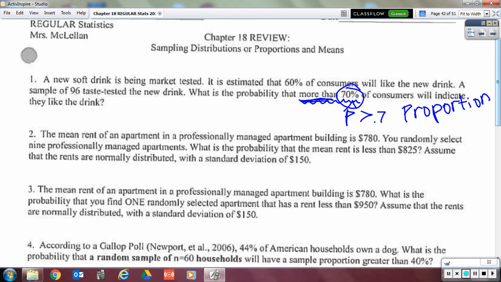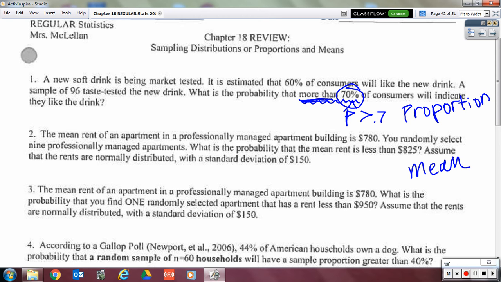What's the probability that the average rent is less than $825? Assume that the rents are normally distributed with a standard deviation of $150. So this is a mean problem. What kind of things indicated to you that it's a mean problem? It doesn't have percents in it, and it says standard deviation in it.